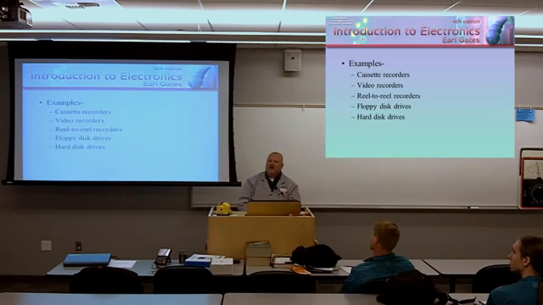Examples that used this technology on tape would be cassette recorders, video recorders, and reel-to-reel recorders that were used in a lot of production studios and such. Floppy disk drives: a floppy disk is nothing more than a disk with iron particles on it. And believe it or not, hard disk drives. If you've got a hard drive in your computer, it's using the same technology.